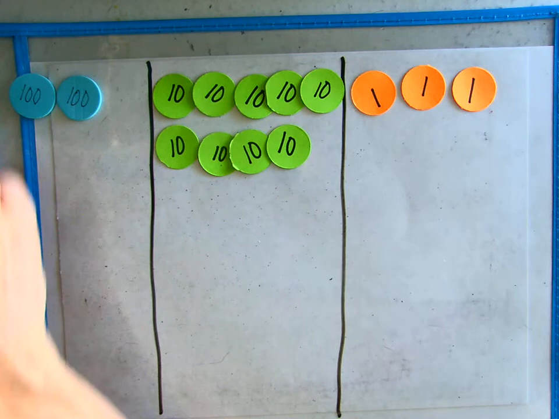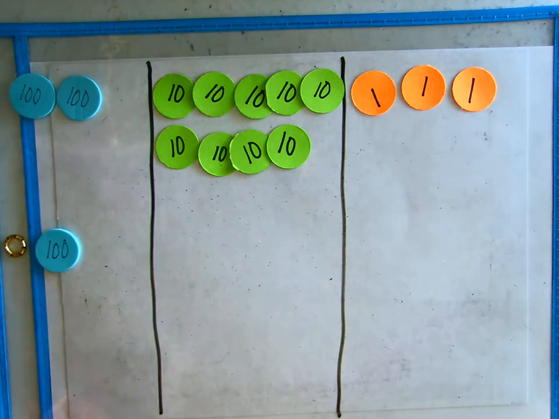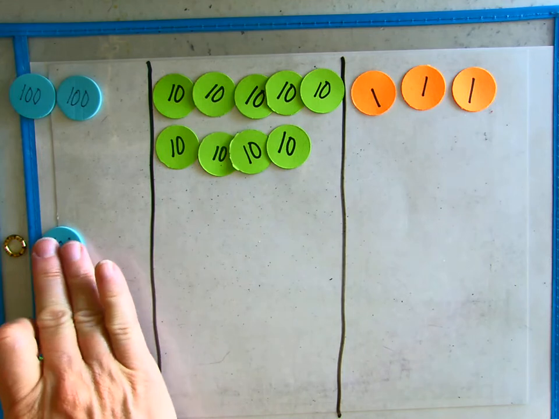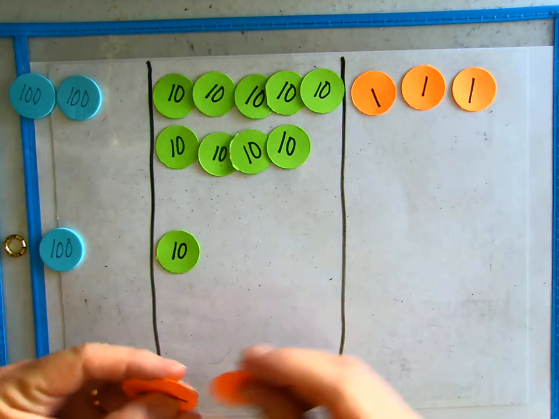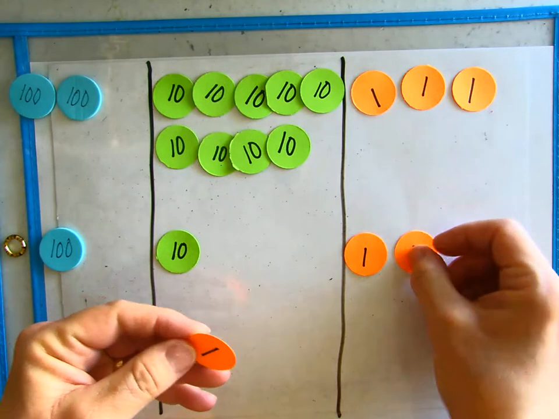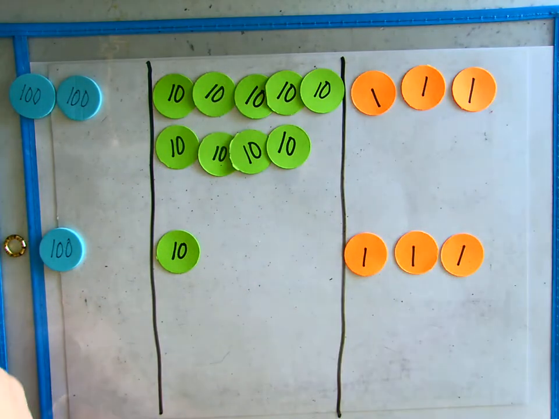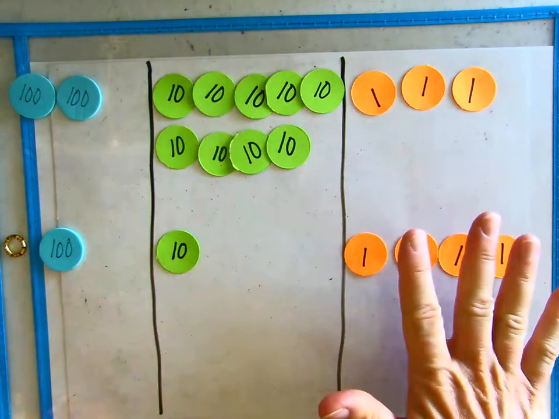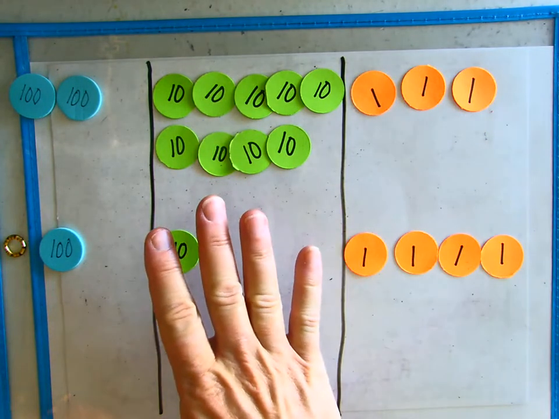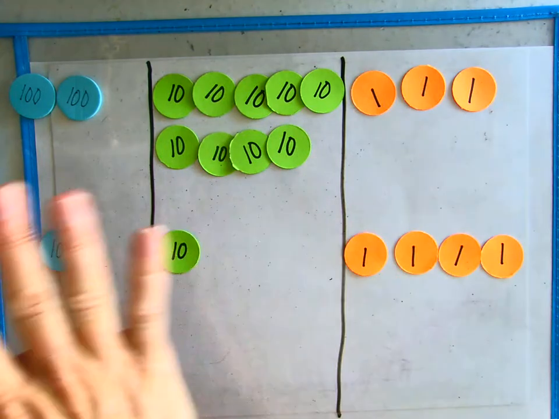So I have 393. The second number we're modeling, 114. So that's 100, 10, and 4 ones. All right. So now we're going to start with the ones in case we have to compose, because that'll change the other numbers.